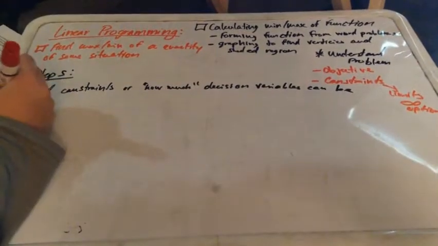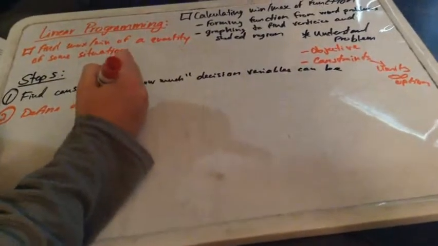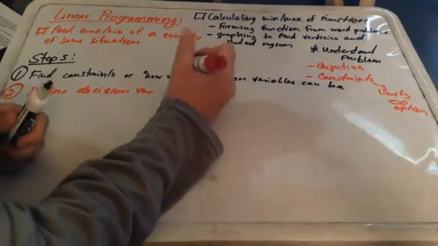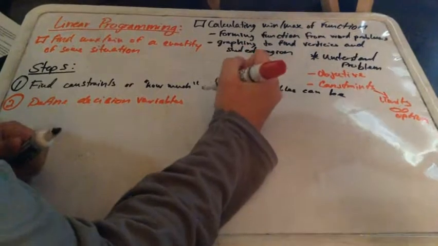Step 2 is to define our decision variables, or how much of something.